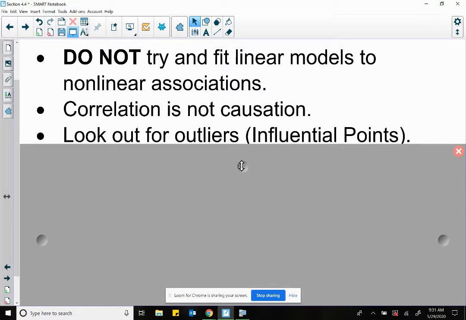Because of that, make sure that you examine the correlation coefficient and the linear regression model with and without the outlier. You need to do both. You need to run it basically twice. So be careful with that.